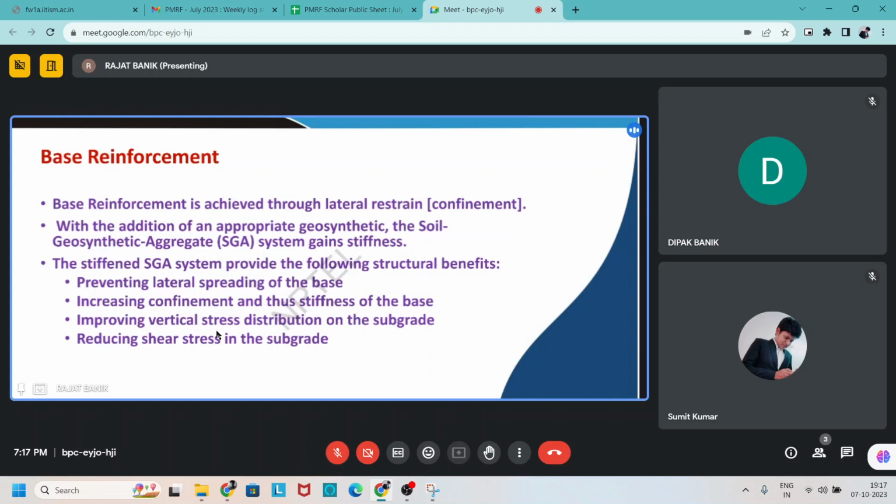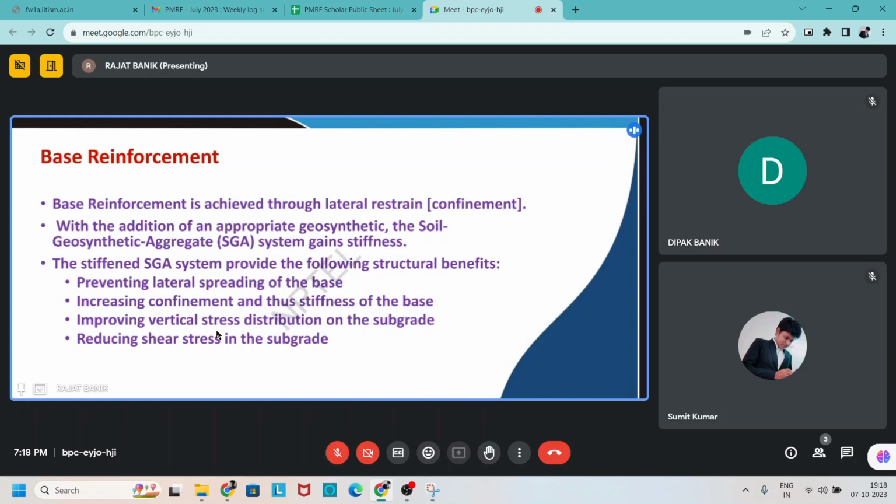With the addition of an appropriate geosynthetic, the geosynthetic aggregate system gains stiffness. That means one arrangement is created, that is soil geosynthetic aggregate. Due to the application of the geosynthetic, over this we can put soil and aggregate.